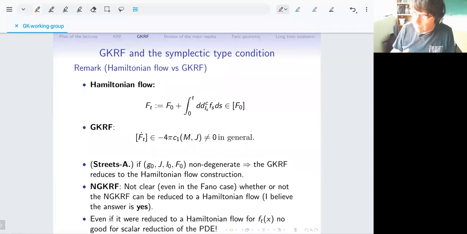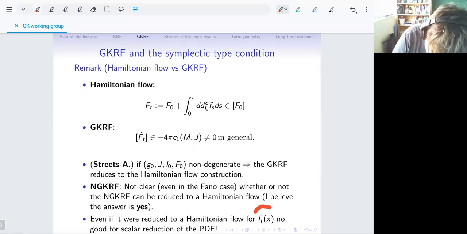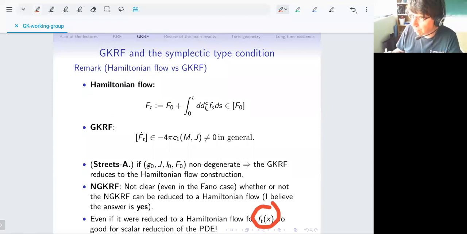But let me just say some kind of a probably nonsensical remark. Even if we were able, imagining the best of cases, that if we start with the generalized Ricci flow we can interpret it as a flow of functions depending on time, and such that when we do the Hamiltonian flow construction, we get precisely the orbit of the flow.